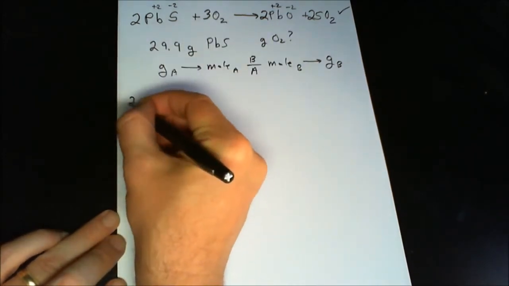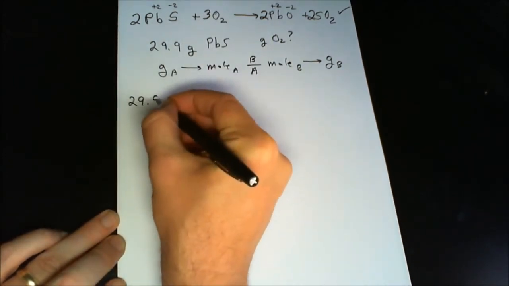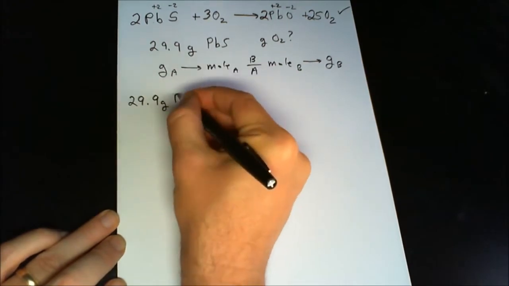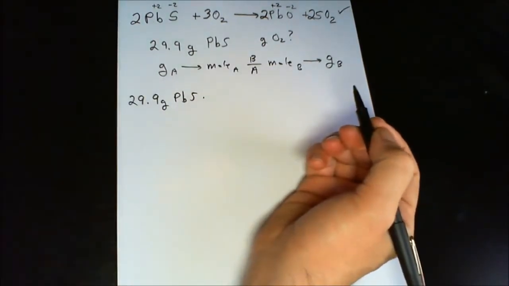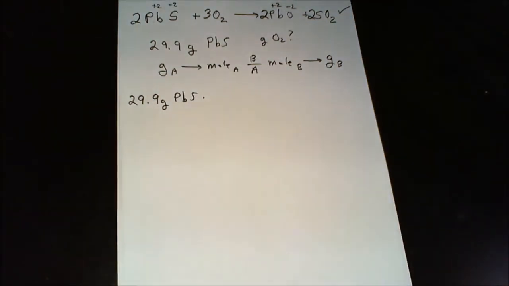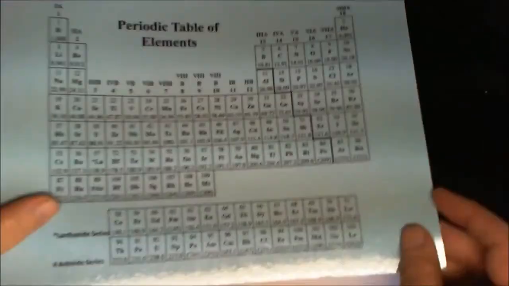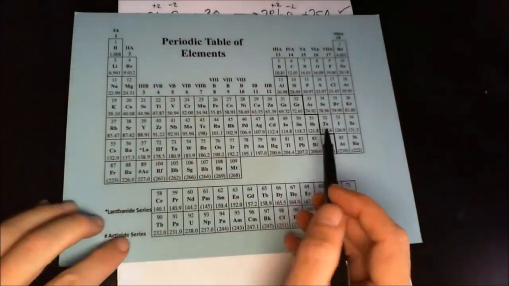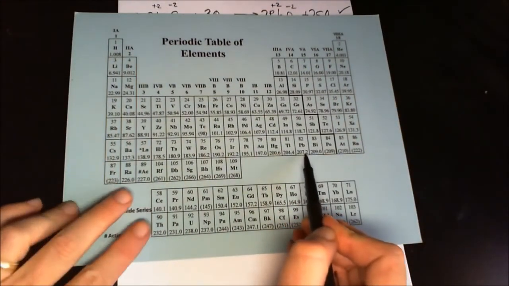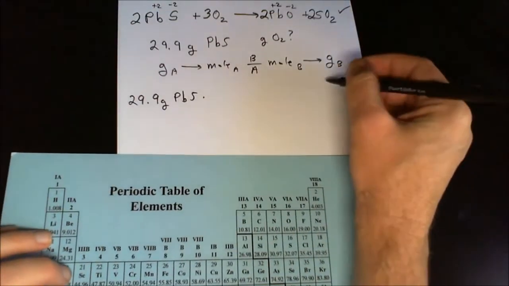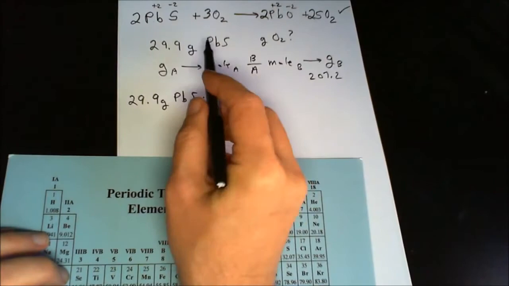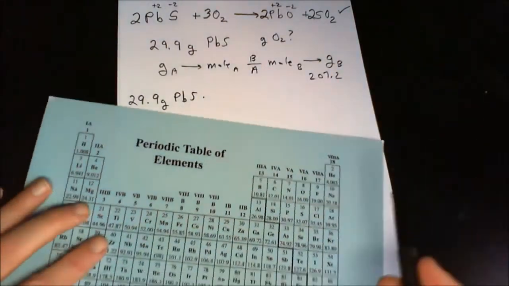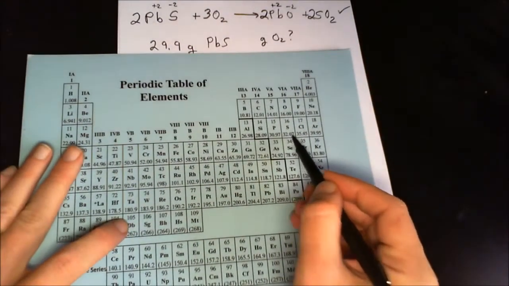So 29.9 grams lead sulfide, and we need the molecular weight of lead sulfide, and we look at our periodic chart and we find lead is right there at 207.2, so it's 207.2 plus a sulfur, which is 32.1.